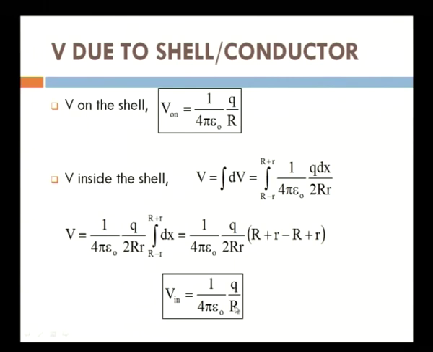So, what is the conclusion? The potential on the sphere is the same as the potential at any point inside the sphere also. So, for all the points inside a spherical shell, the potential remains constant. This is further understood by plotting a graph like this.